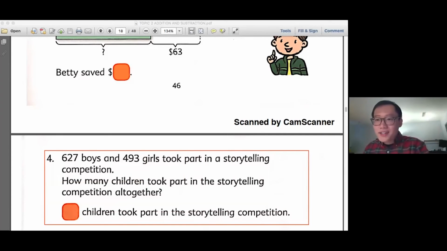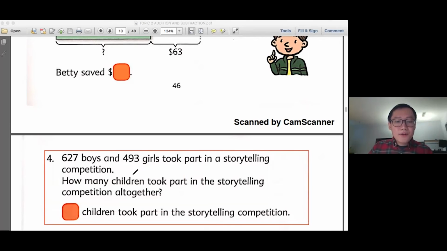This boy, can you volunteer with the hat? So question 4 is: 627 boys and 493 girls took part in a storytelling competition. How many children took part in this storytelling competition altogether?